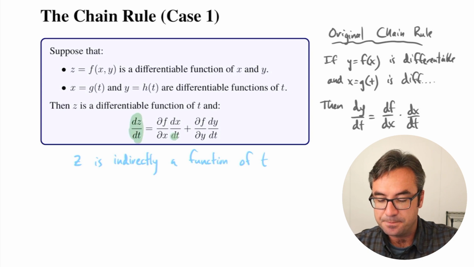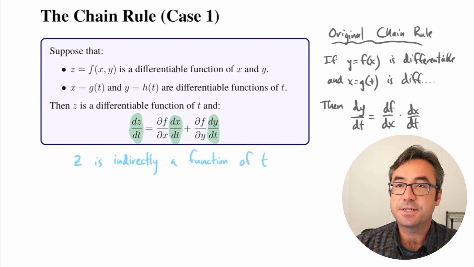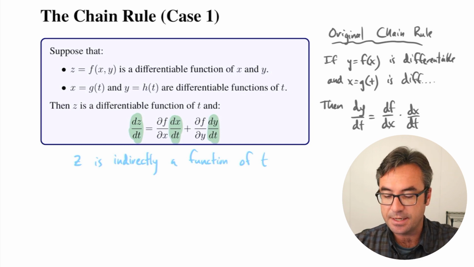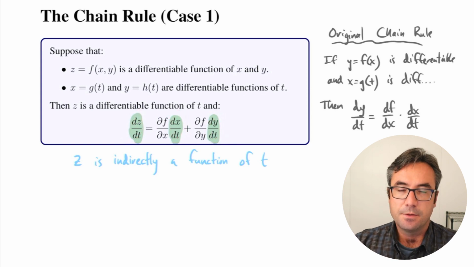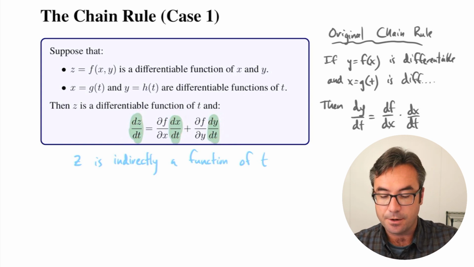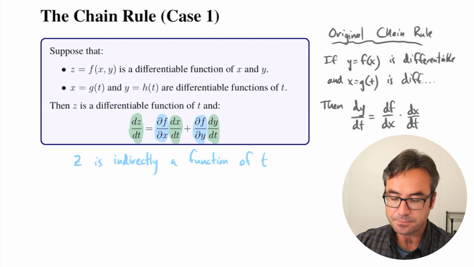So when we look at this, a couple things to keep in mind. dz/dt, dx/dt, and dy/dt, these are just classic derivatives. So these are just classic one variable derivatives that we saw all the way back in Calc 1. The new part here is these partial derivatives, partial f with respect to x and partial f with respect to y.